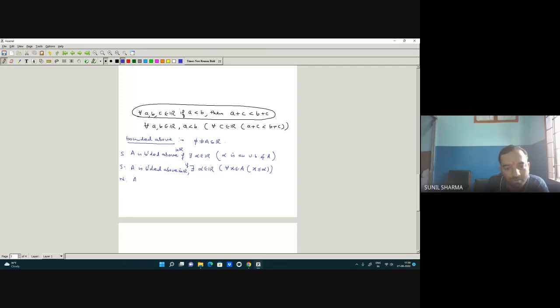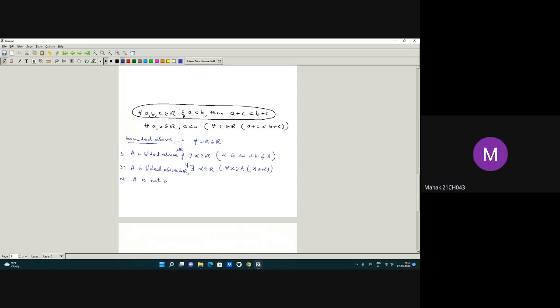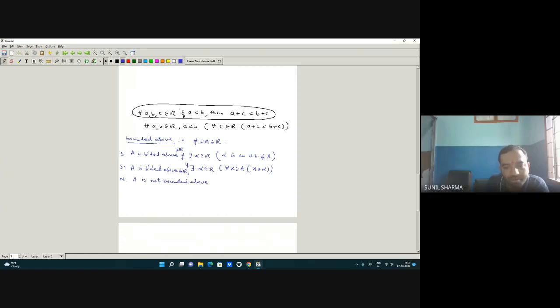A is not bounded above in R if, given any alpha in R, there exists X in A such that X is greater than alpha.